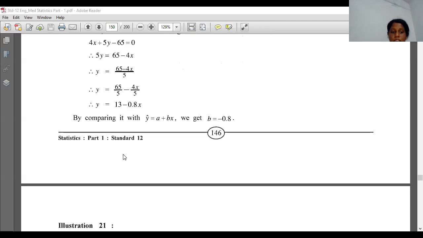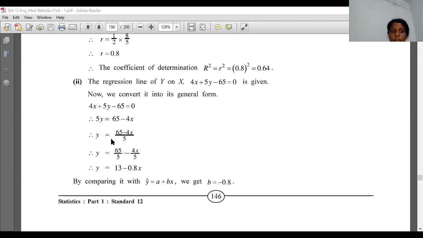Got it? So this is one important sum. See, this is the equation given, equal to 0 is given. So according to our formula, the regression line is y cap equal to a plus bx. So y comes on the left hand side, that is y cap equal to a plus bx. So this 5y we have taken on the left hand side.